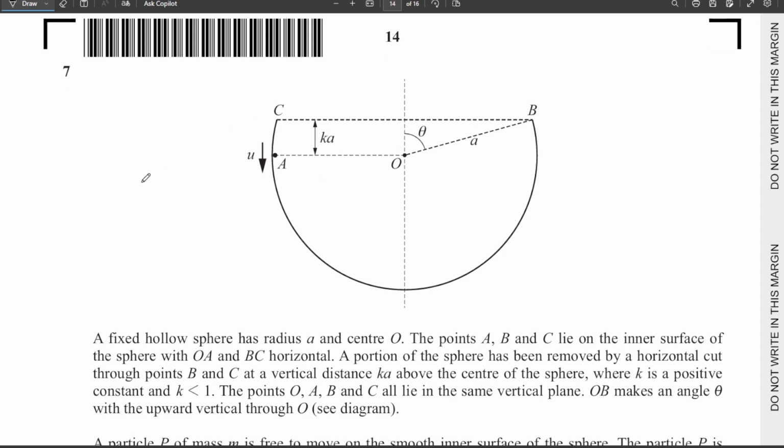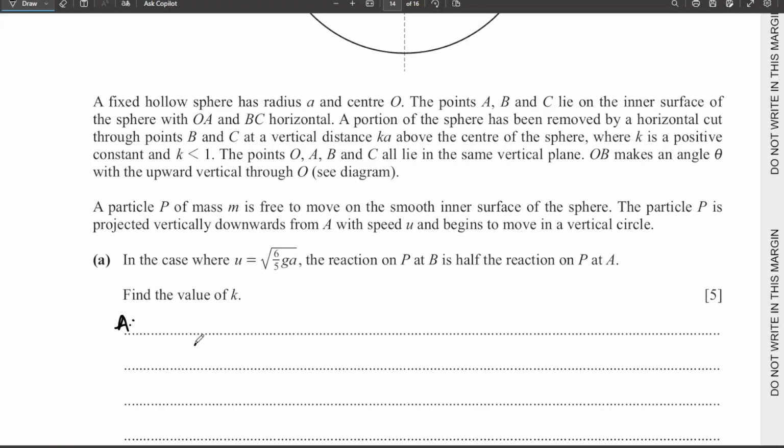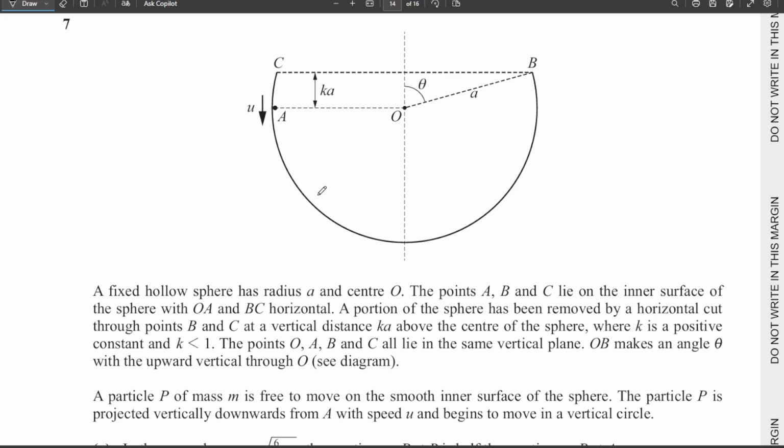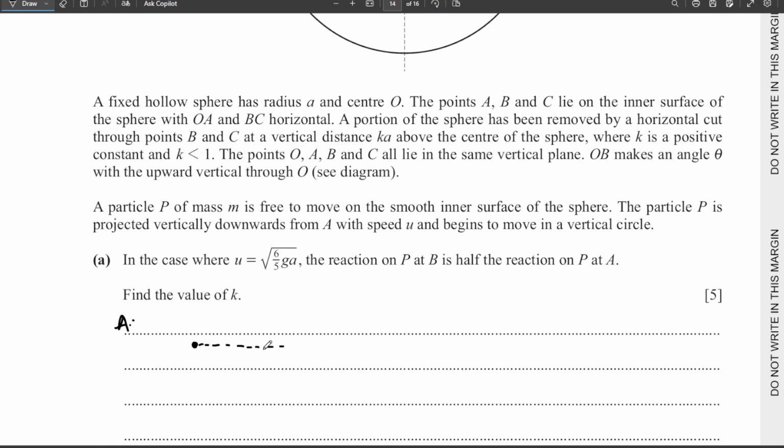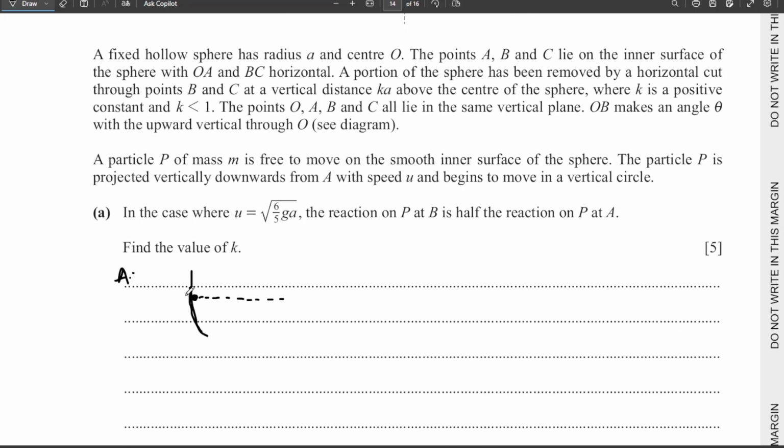So let's take a look at the free body diagram on both of these parts. At A, how does the free body diagram look? I'll just sketch this. That's the direction of the center, directly like that. At this point, it's at the center of a circle, so I assume it's going directly down.